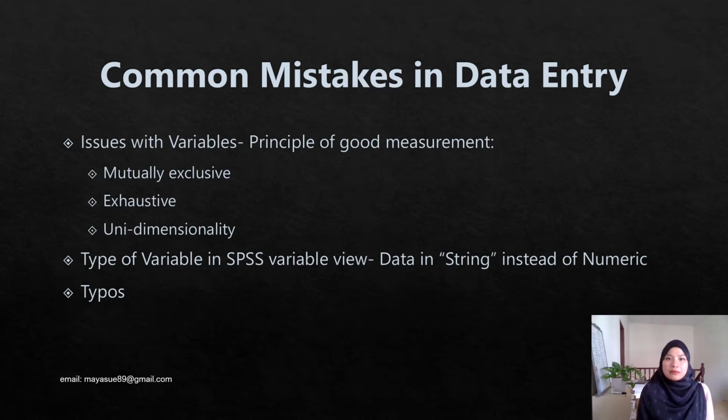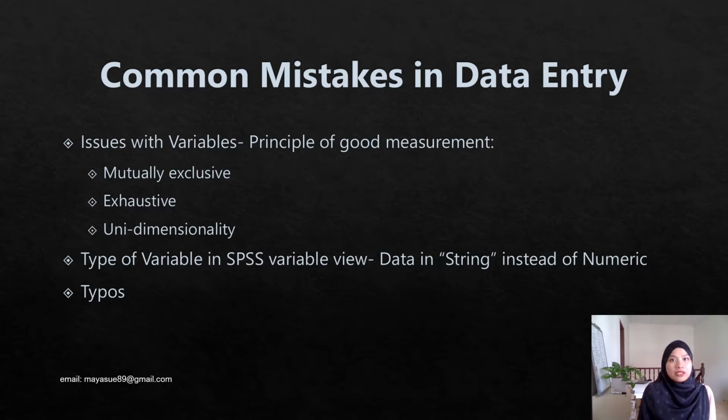The common mistakes in data entry are usually due to the variable itself. There are some issues with the variable. As we all know, there is a principle of good measurement that needs to be met.